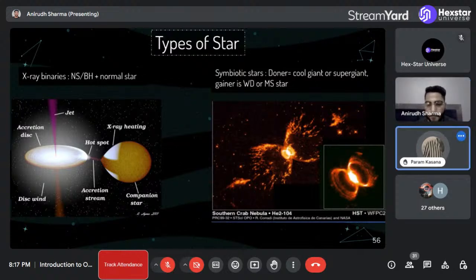I wanted to ask, if we consider the shape of the universe to be spherical, then the Big Bang might have started at the center, right? And everything is moving away.